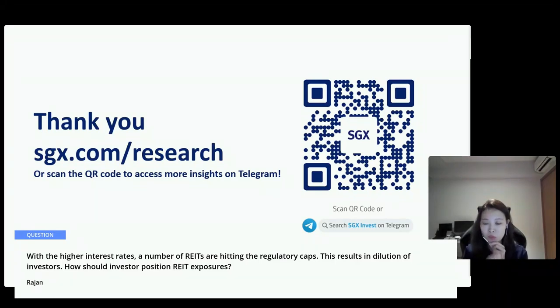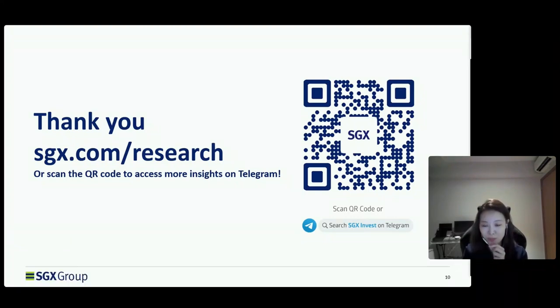Actually, for REITs in Singapore, on average 75% of their debt is based on fixed interest rates, meaning they either entered directly into fixed rate debt or hedged it to a fixed rate. So with an increase in interest rates, that exposure is still manageable. That is another key point to look at.